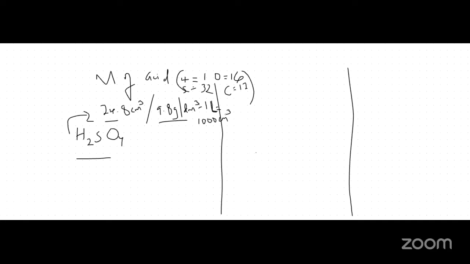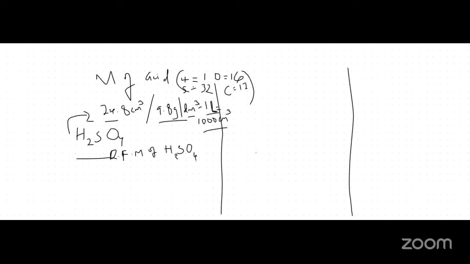Yes, that one is very important. Now remember, the question is asking to calculate the molarity of the acid. Molarity is the number of moles in 1 dm cubed, in 1 liter, in 1,000 centimeters cubed. That is the first thing. So we are supposed to do the RFM, the relative formula mass of sulfuric acid, H2SO4.